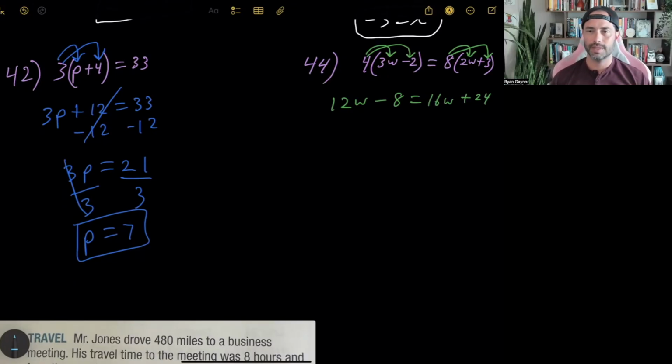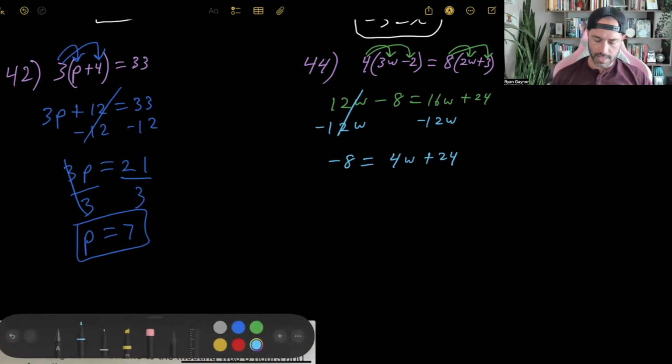That's fine. So why don't we start by doing the opposite of 12w, which is subtracting 12w on both sides. That cancels out. We get negative 8 equals, we have 16w minus 12w, that's 4w plus 24.